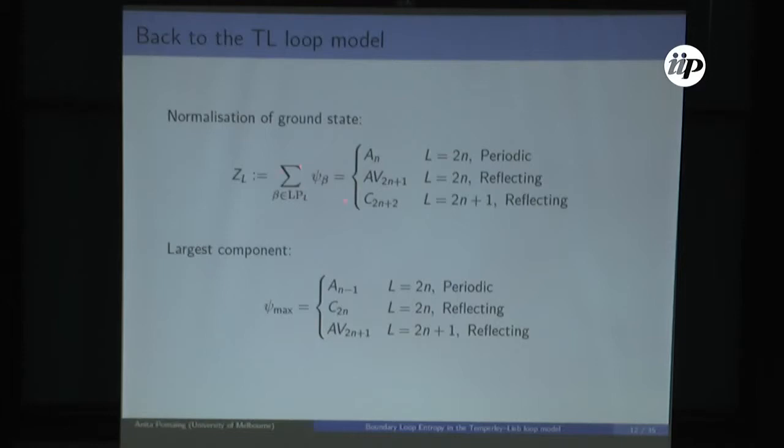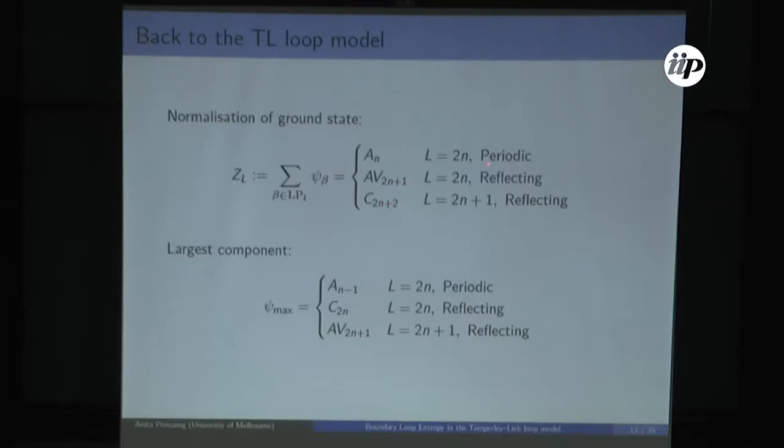And this normalization is equal to the number of alternating sign matrices. And in the reflecting case, depending on whether it's odd or even, it's equal to either the number of vertically symmetric alternating sign matrices or the number of cyclically symmetric transpose complement plane partitions.